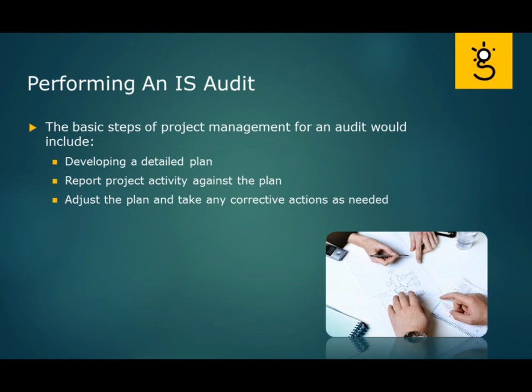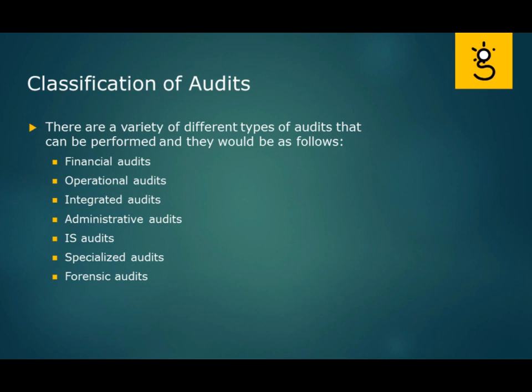When we talk about the classifications of audits, there are different types of audits that could be performed, and so we kind of generally categorize them. Of course, a financial audit would be just as it sounds. We're working with money. It could be issues of payables, of customer accounts, depending on the type of business.